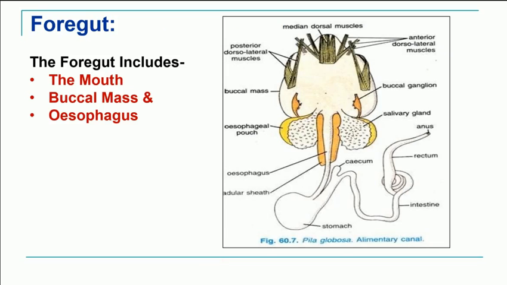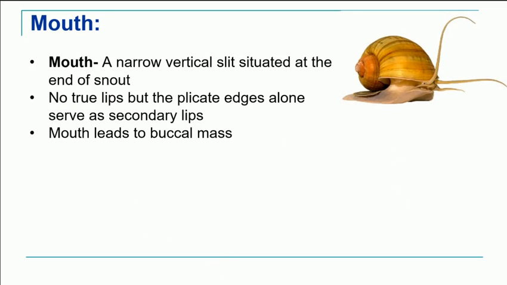Okay, now we start with the first part of the digestive system, called the foregut. This foregut is further subdivided into the mouth, buccal mass and esophagus. Now we will study each one by one. The first part of the foregut, the mouth, is a narrow vertical slit situated at the end of the snout.